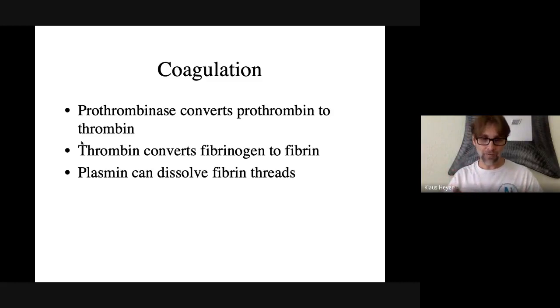Because of this, the vascular spasm. I didn't even talk about it. So I just talked about the second one and the third one. The second one being the platelet plug, and then the third being this slide that you're looking at, coagulation. Coagulation is clotting.